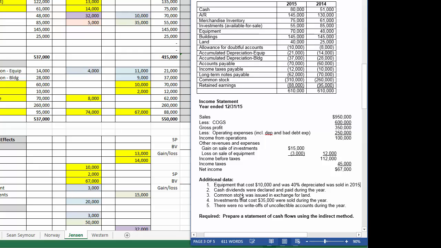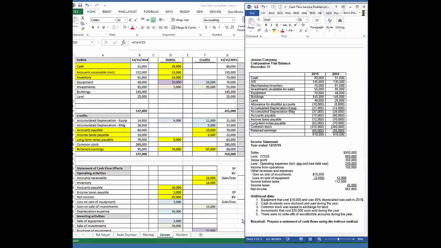So going back to the data for the problem, it says that common stock was issued in exchange for land. And so this is an indication that there was a non-cash exchange in this problem. So common stock wasn't sold for cash, all of it at least. Part of it was exchanged for land.